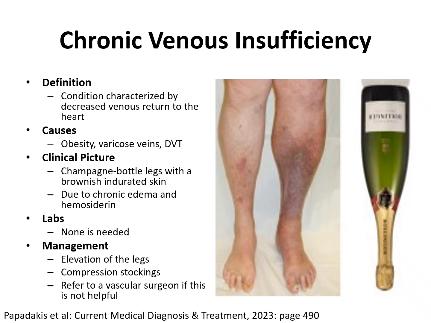Management, if you get this in the early stages, not this late stage: elevation of the legs and compression stockings on a daily basis might be helpful. If elevation of the legs at the end of a busy day, where the leg is higher than the level of the heart, and compression stockings don't work, then refer the patient to a vascular surgeon, and they have ways and means of dealing with this.